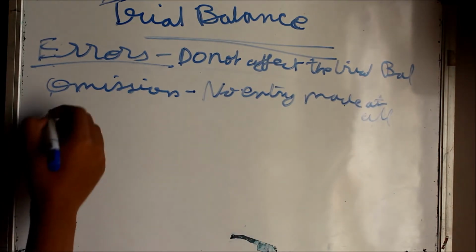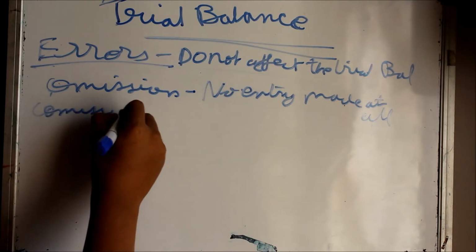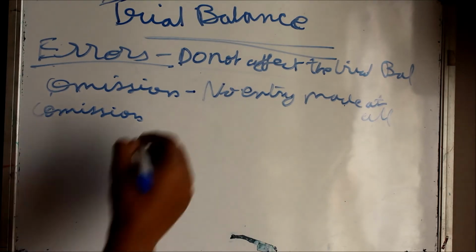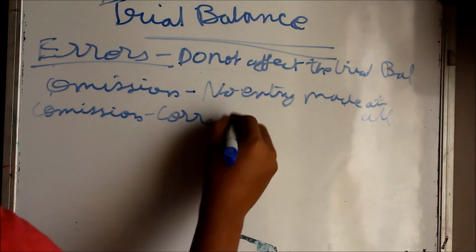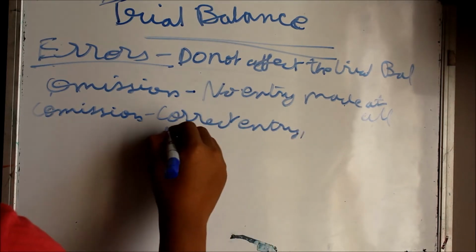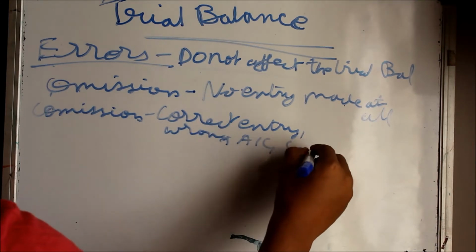The error of commission means a correct entry but in the wrong account of the same ledger. So correct entry, wrong account, but the same ledger.